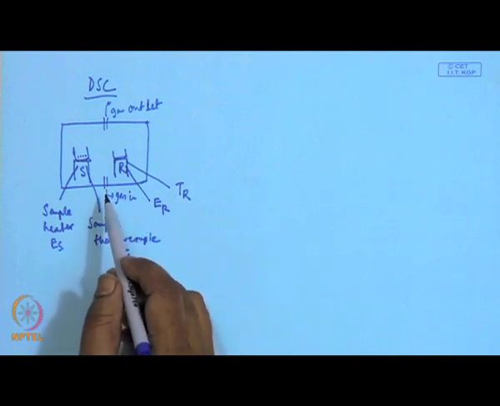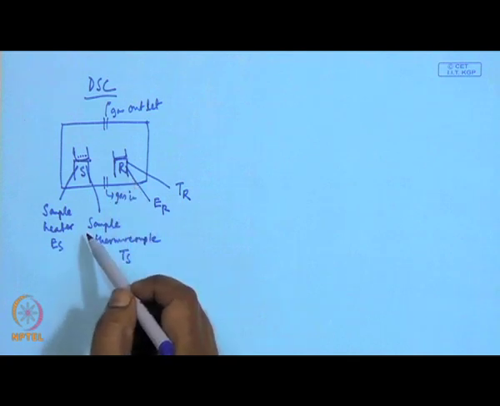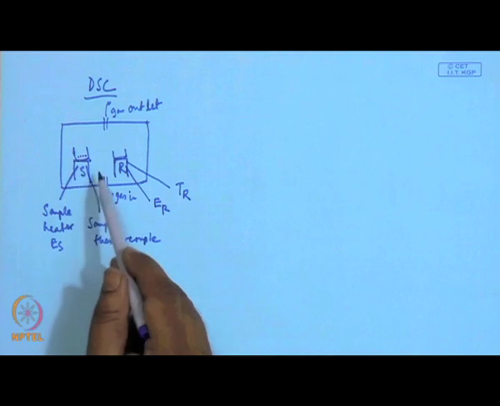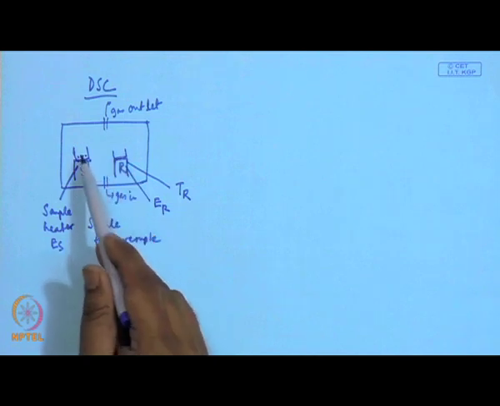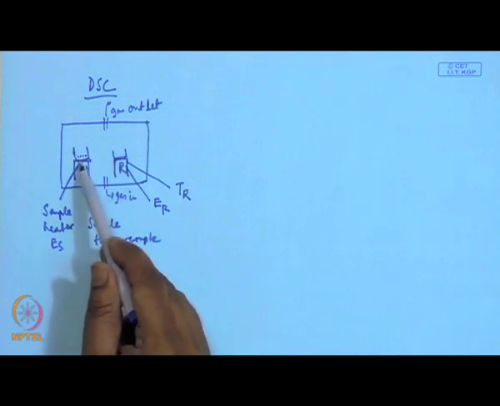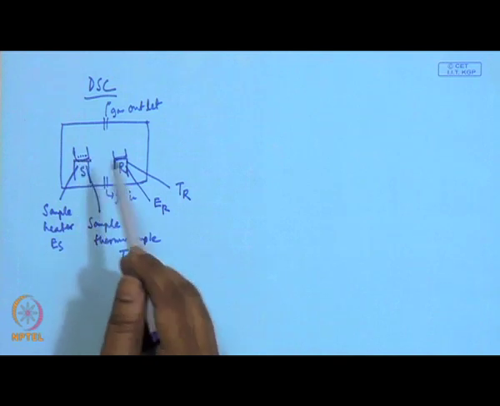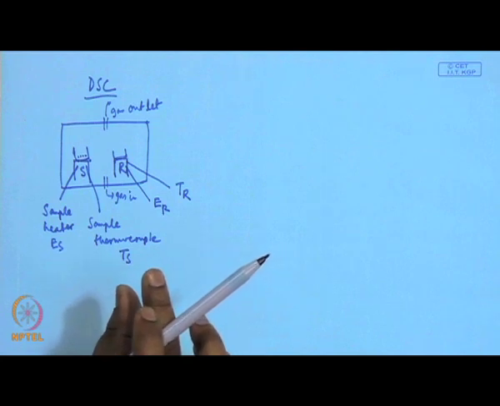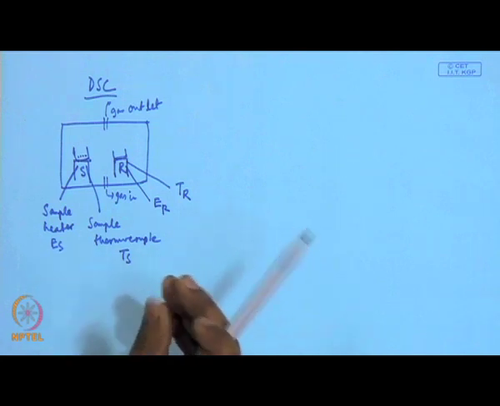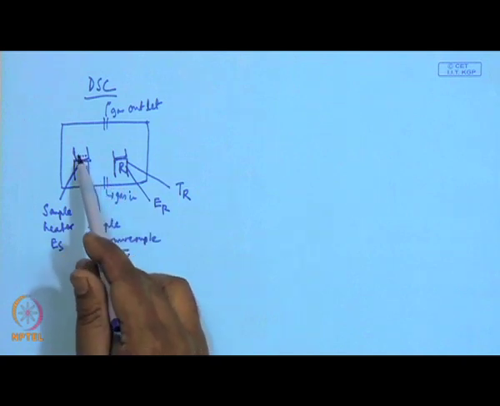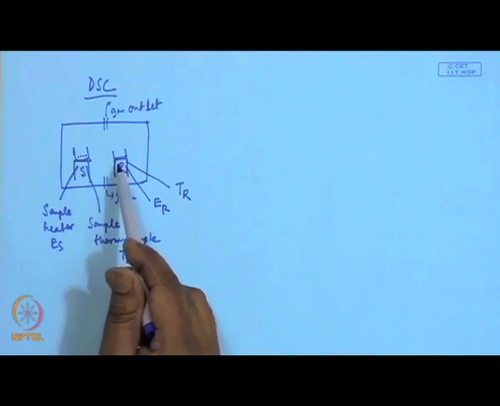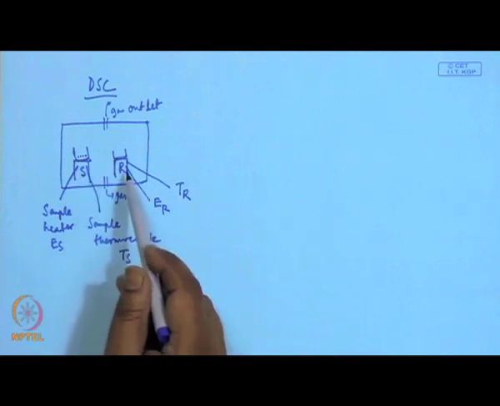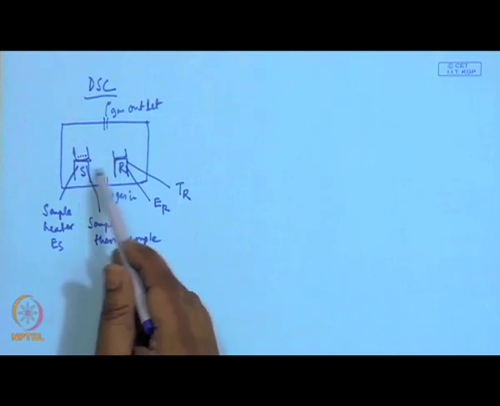So, what is done in this experiment? The sample and reference, which is just a blank, are typically taken in aluminum containers, and then the aluminum container can be covered and crimped, so that nothing goes out from the container, and parallelly a blank container without sample is kept. These two are heated and the temperatures are maintained the same.